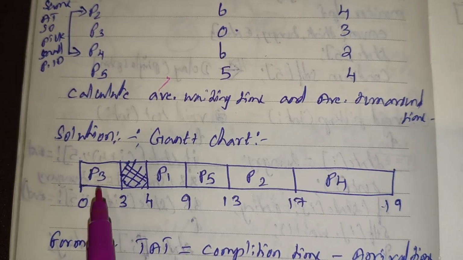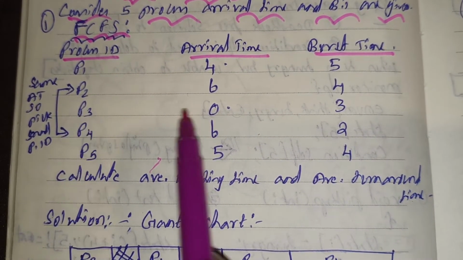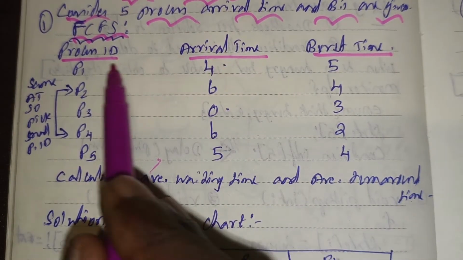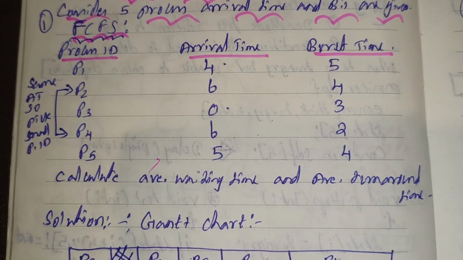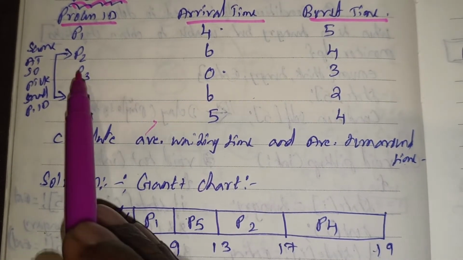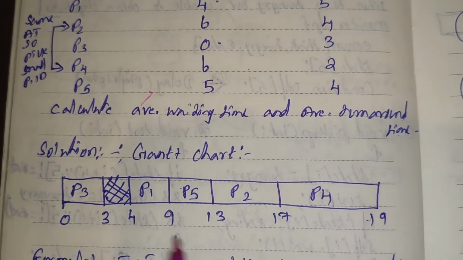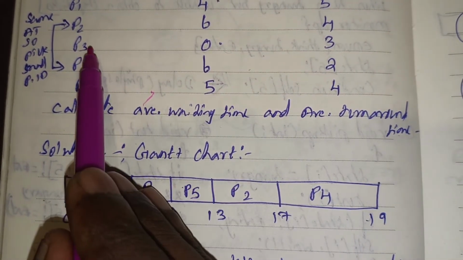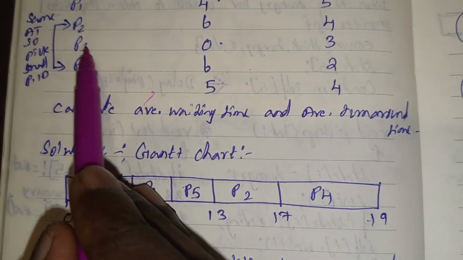So here I have taken P3 first. Why? Because the arrival time for P3 is 0 compared to all the other processes. Based on this, the Gantt chart has been drawn. So P3 comes at 0, exactly number 1, and we are going to see how long P3 is running.